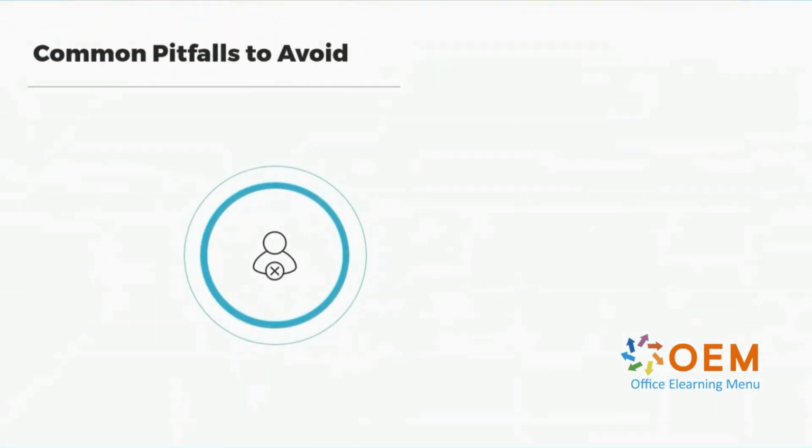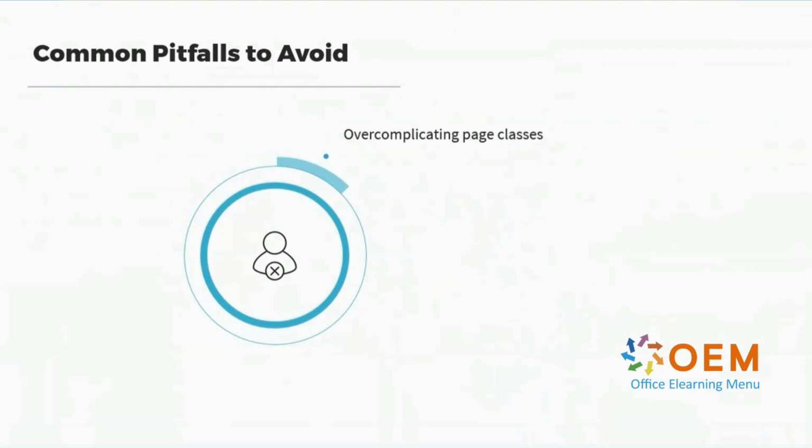Understanding the best practices is a great way to leverage the full potential of the page object model. However, we also have to be aware of common pitfalls, such as overcomplicating page classes, which means we have to keep our page classes simple and focus on their responsibilities.